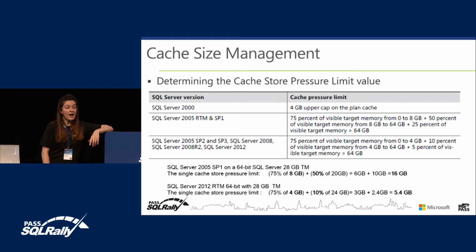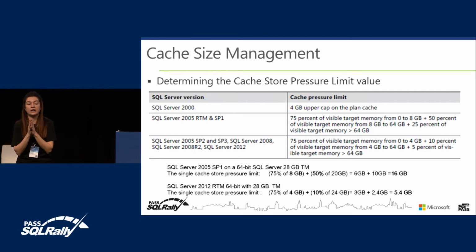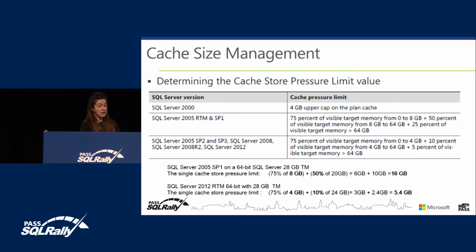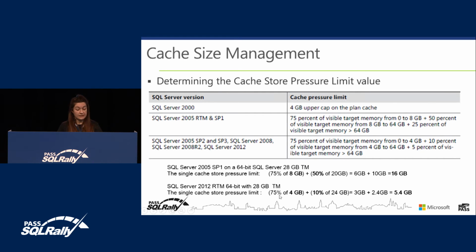And from Service Pack 2, actually, there is a different formula for calculation, and there is a more restrictive threshold for a single cache store. So, for example, you have 75% of 4 gigs, from 0 to 4, which is the first difference, plus 10% instead of 15 from 4 to 64 gigabytes, and 5% above 64 gigabytes.